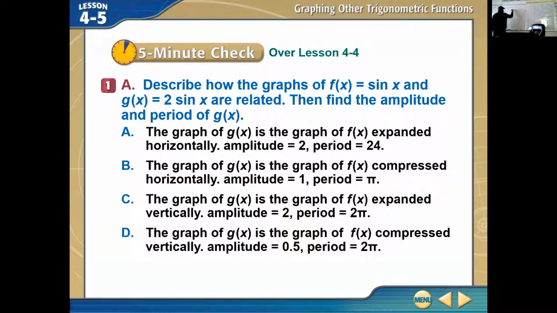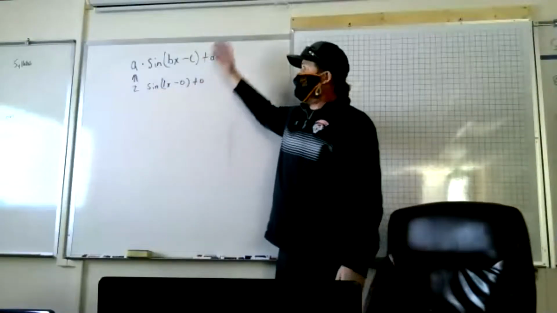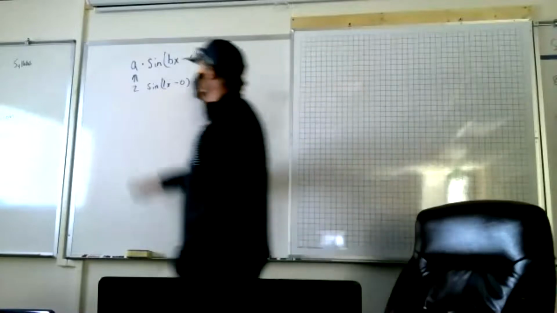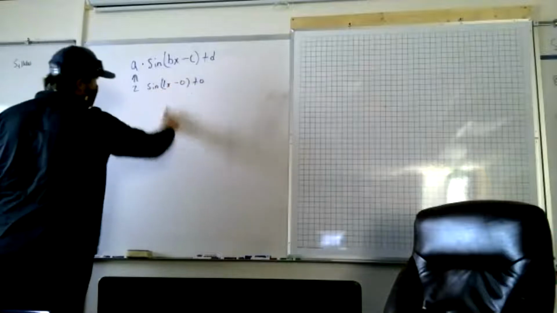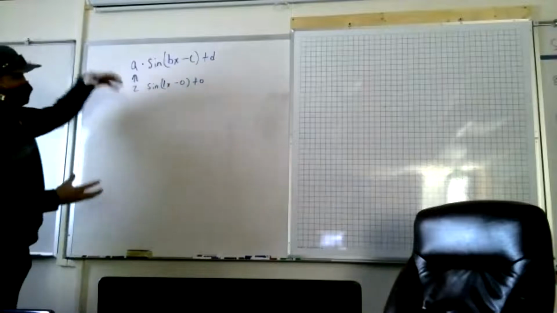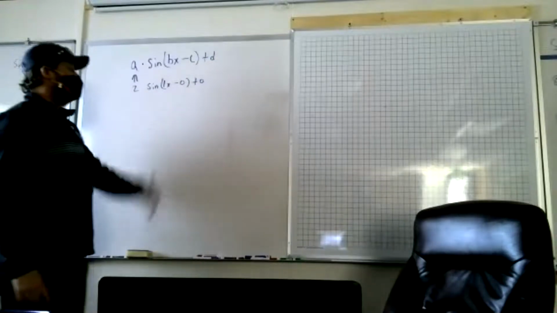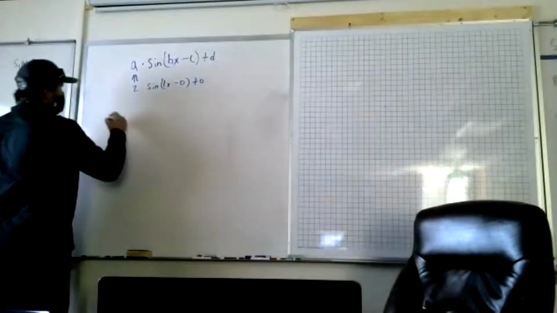We could write it out with the other values, but that's redundancy in mathematics, so we eliminate it. Comparing this to the general sine of x function, you can see that a 2 has been put in. We still have a 1 for b. There's no horizontal shift and no vertical shift. So 2 is your amplitude factor. Remember, that is the distance from the midline. So this has been expanded vertically by a factor of 2.